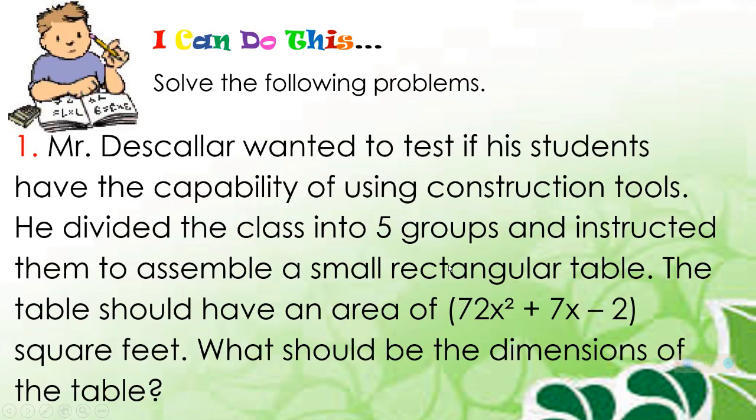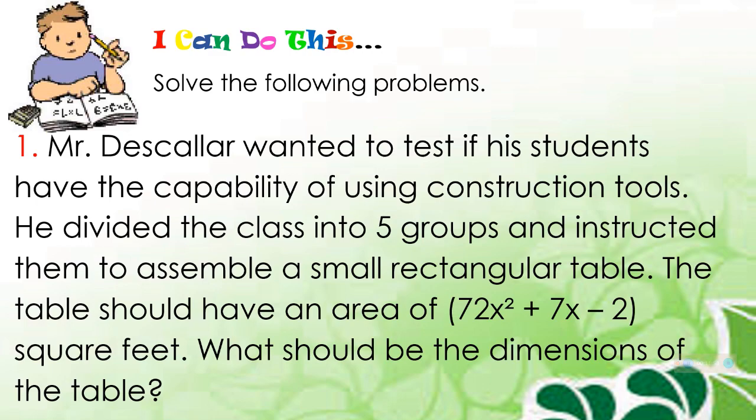Okay, so as you have practiced yourself on how you are going to factor the given situation, you have factored out the given polynomials in the given problems or situations. So let us now have here, I can do this. Solve the following problems, and let us have number 1.